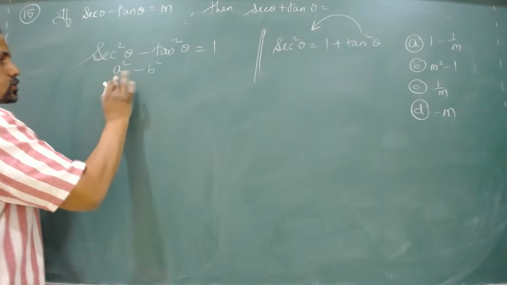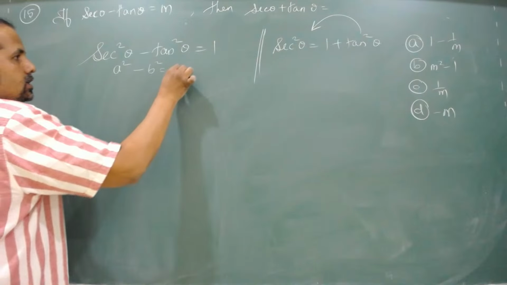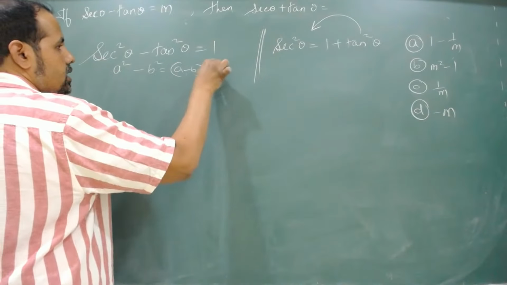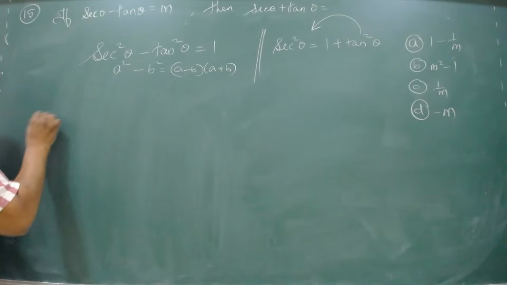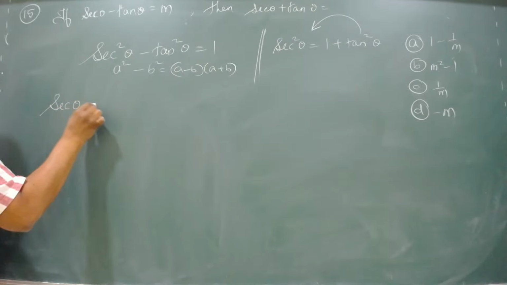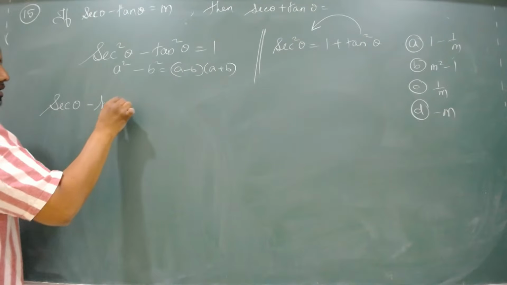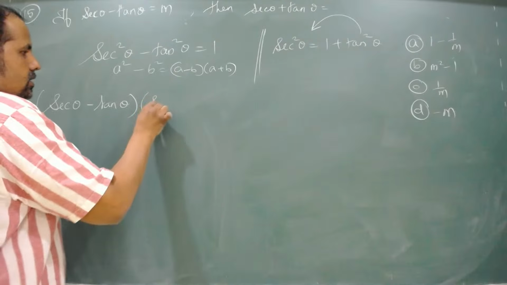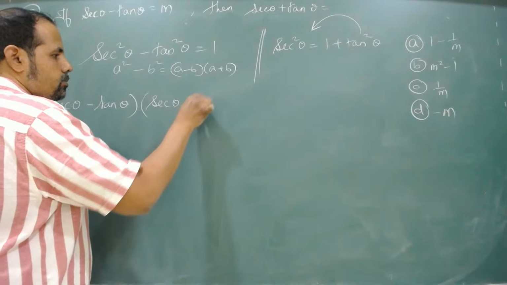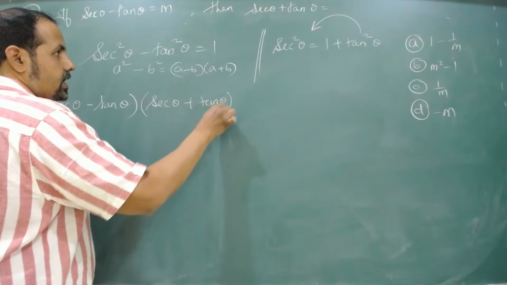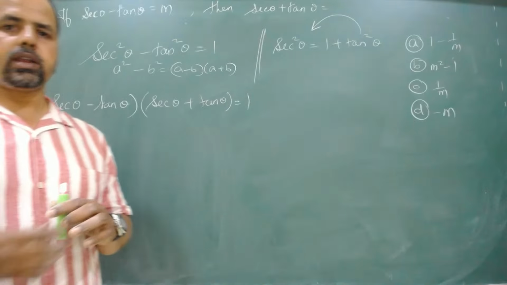So a square minus b square can be written as a minus b into a plus b. Same way, sec theta minus tan theta into sec theta plus tan theta is equal to 1.